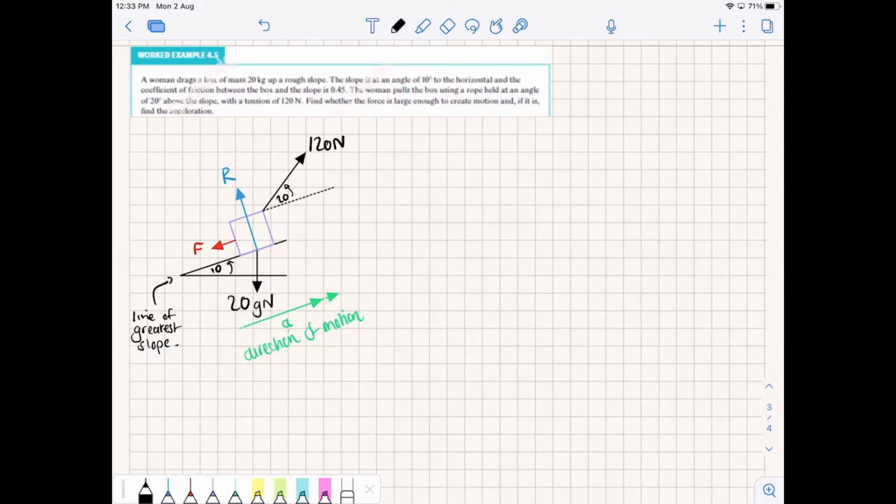So we're going to have to split that 120 newtons into its two components, and we will also have to split this force because it's also going to have a horizontal and vertical component. My friction force, you can see, is acting perpendicular to the normal contact force, and so it will not have a vertical component.